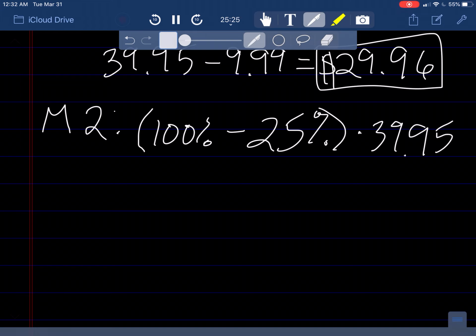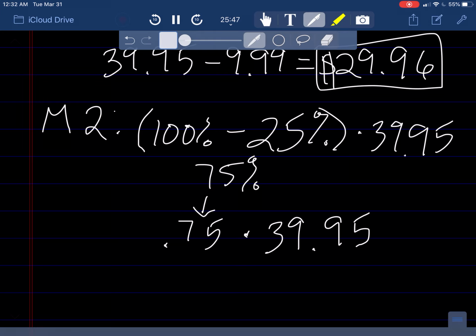Okay, when you subtract 100% minus 25%, you should get 75%. We're going to convert that straight into a decimal, which should be 0.75. And we're going to move all this down. So we should have 0.75 times 39.95. Again, if we did all this correct, we should have the same answer for both method 1 and method 2.